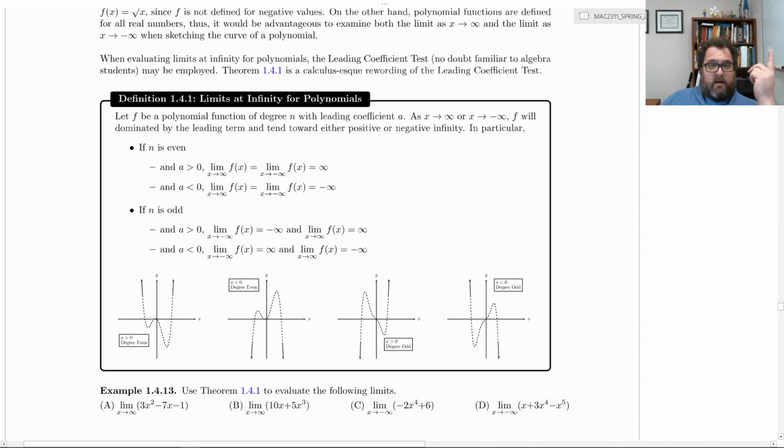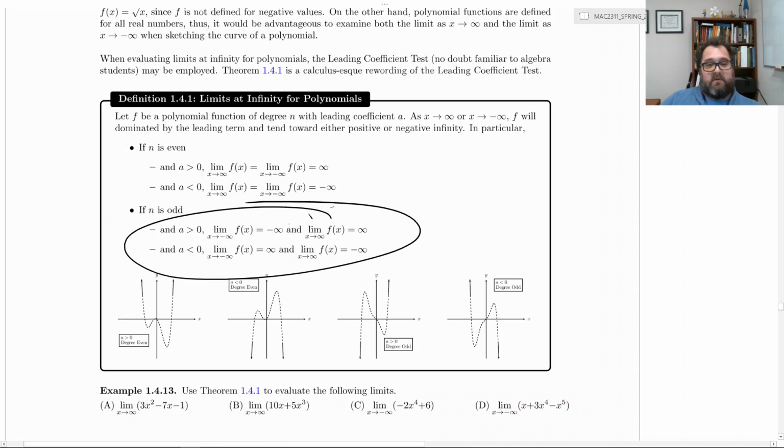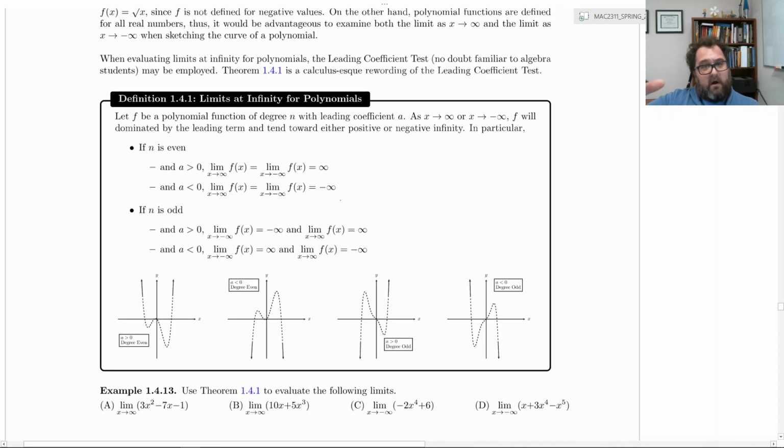Now, we don't really care what the actual number is. All we care about is whether the degree is even or odd. If the degree is even, then we have this set of results. If the degree is odd, then we have a different set of results. So let's look at a couple of these examples and talk about the box as we go.